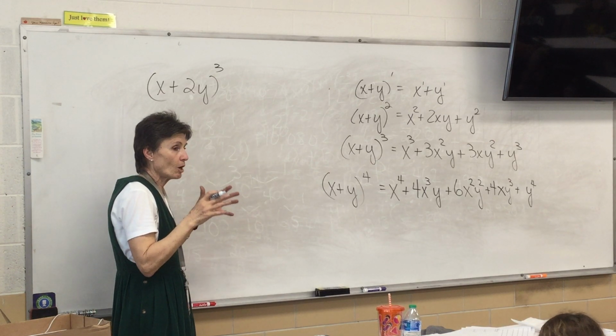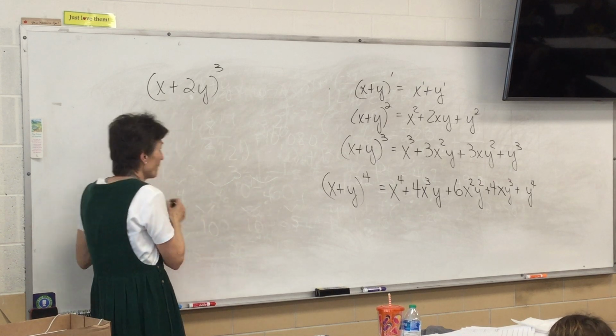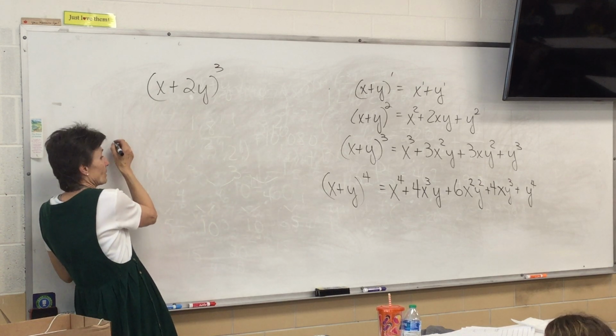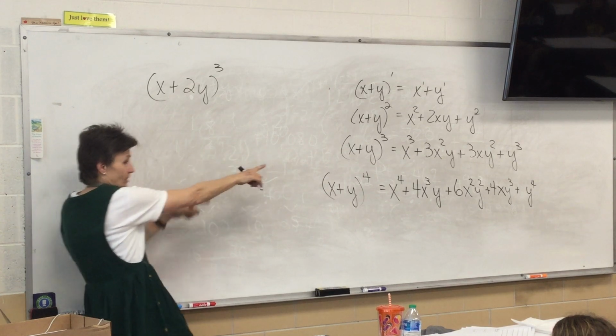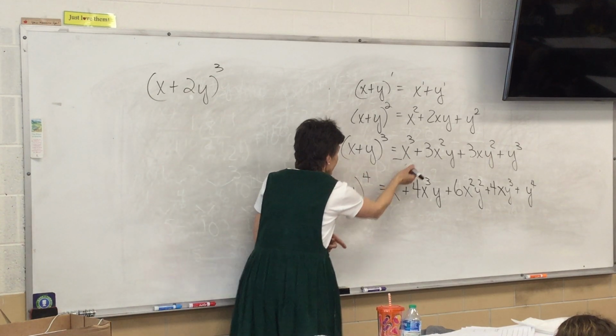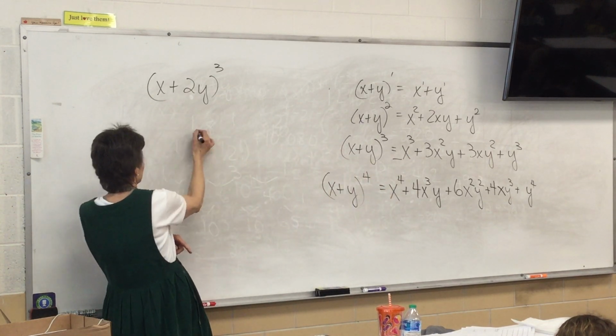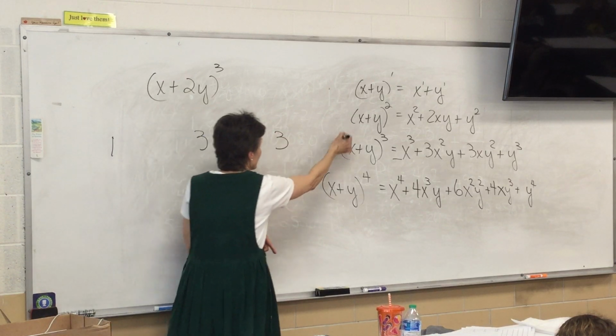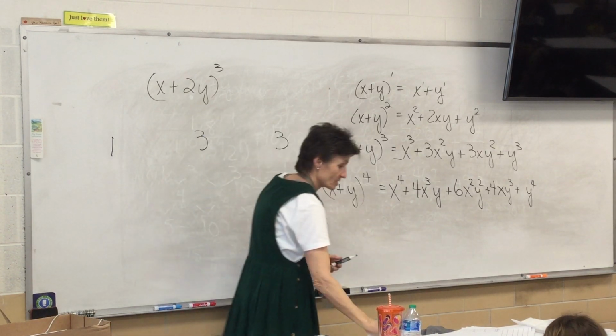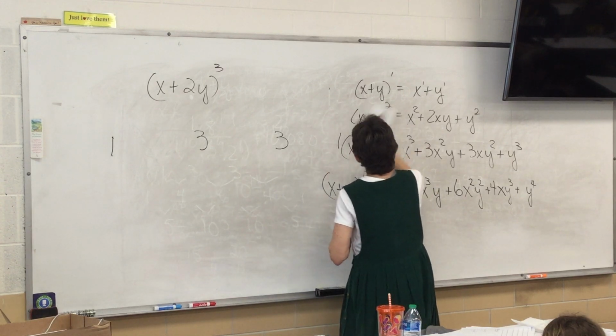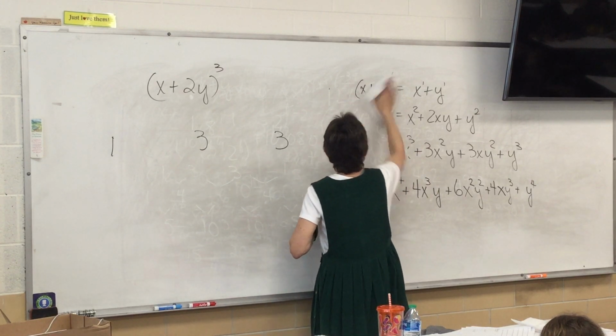So what are the coefficients? It's to the third power. What are the coefficients? 1, 3, 3, 1. This is called expansion, or expanding.